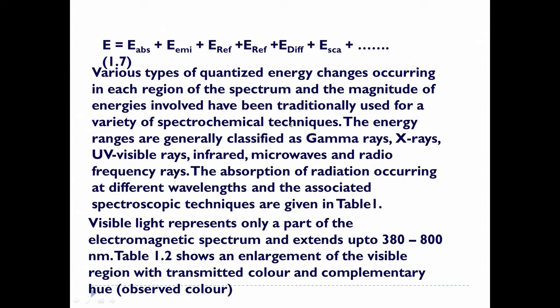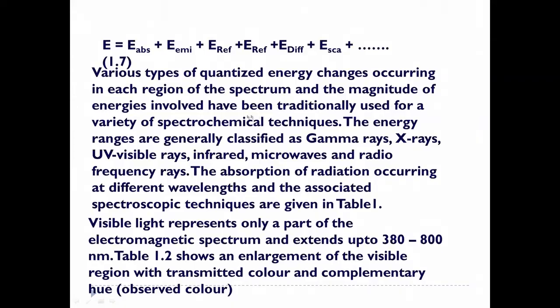That means what we are saying is the quantized energy levels occur at particular energy differences, and the energy difference between two states is different for different kinds of molecules. Any transition that occurs could be the characteristic of the substance. Therefore, such transitions have been used as a spectrochemical technique.